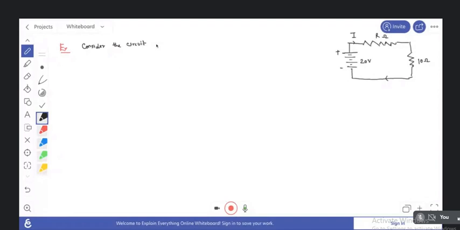Now consider the circuit given in the figure. You have to formulate and solve the KKT condition for the following problems.